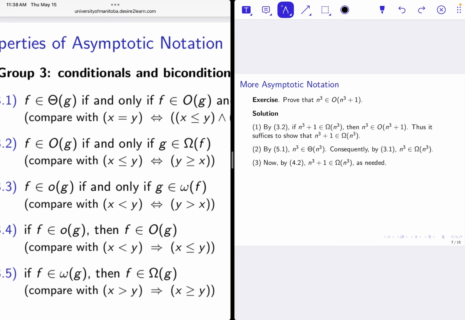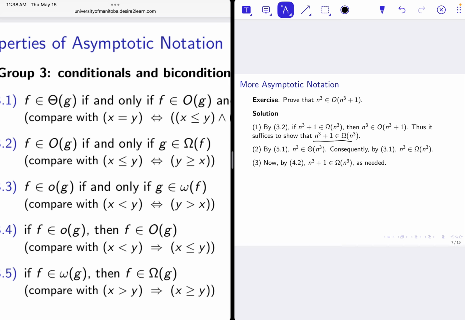Okay, so we find that n cubed plus 1 is in big omega of n cubed if and only if n cubed is in big O of, yeah, I guess what I'm saying is correct, just structured badly.